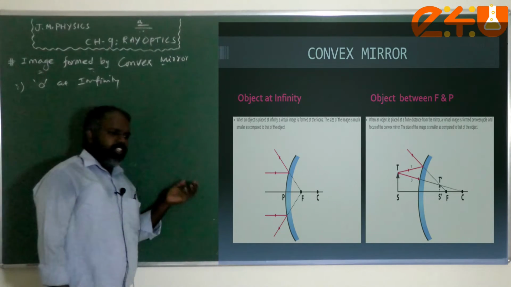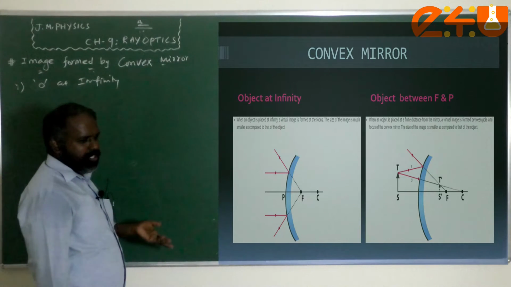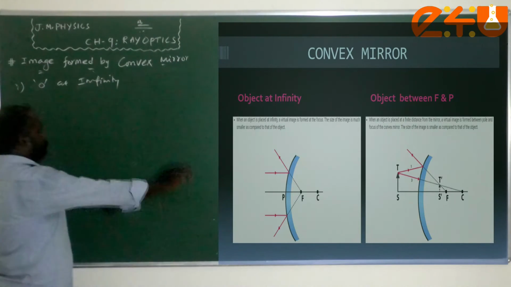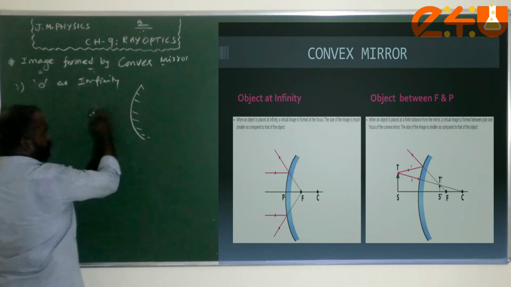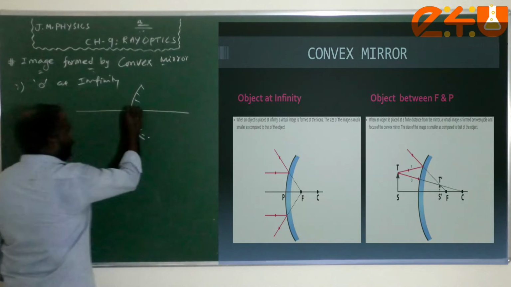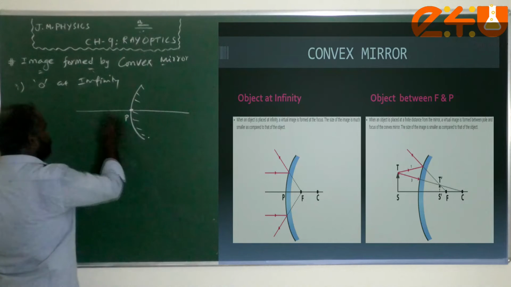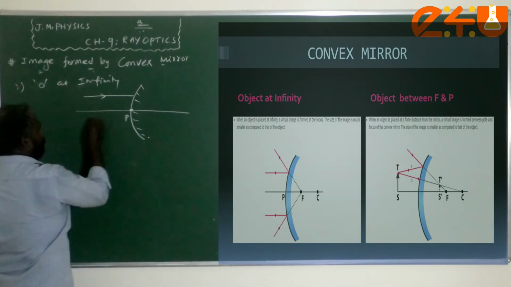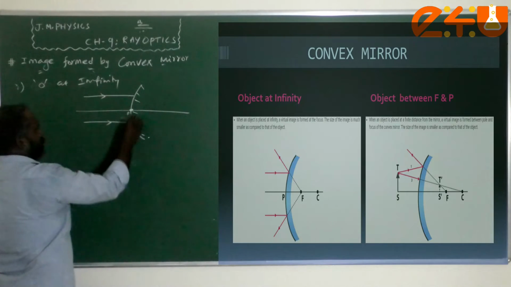We know that when the object is at infinity, the image will be formed at the principal focus of the mirror. This is a convex mirror where the reflecting surface is curved outward, this is the principal axis and P, with some distant object. A distant object produces parallel beams of light rays.